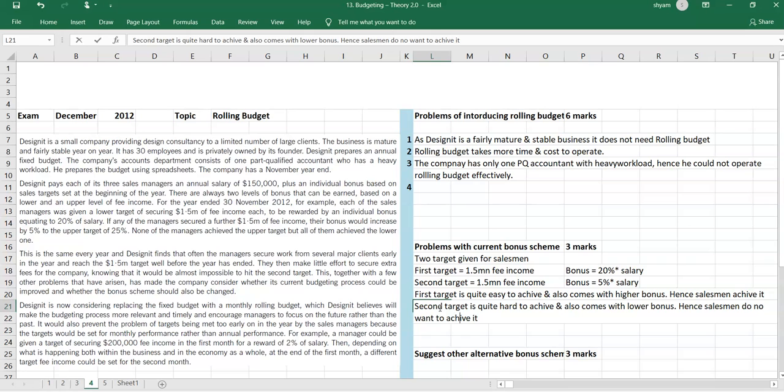Okay, so that is the problem here. They don't want to achieve the second objective. So this is the first point. Is the second point? We need one more point.